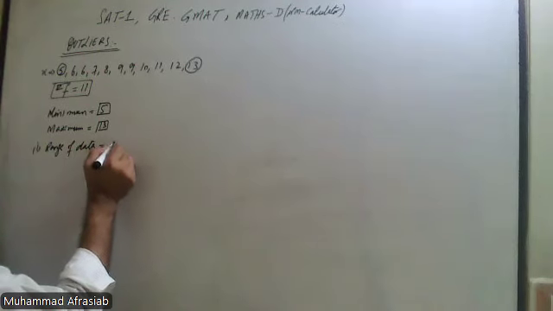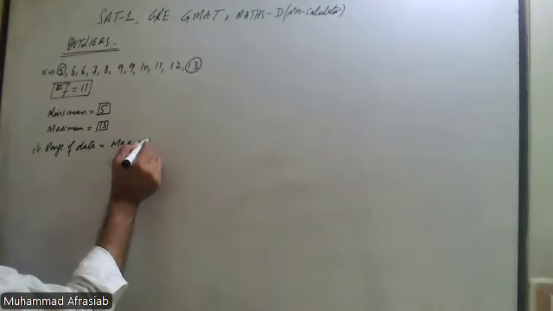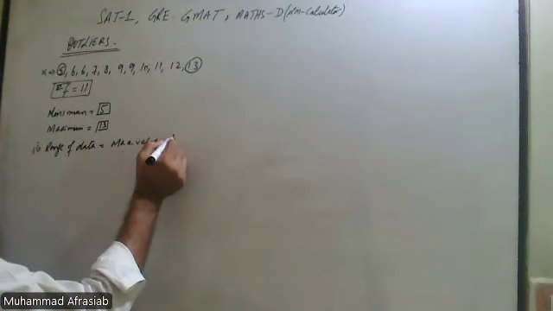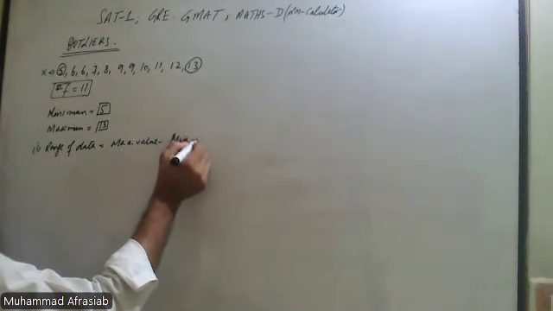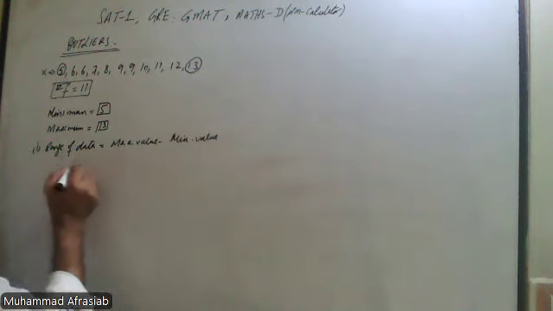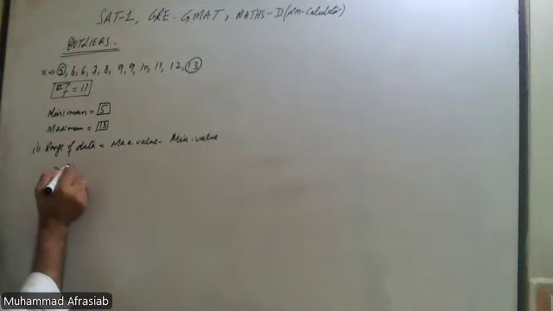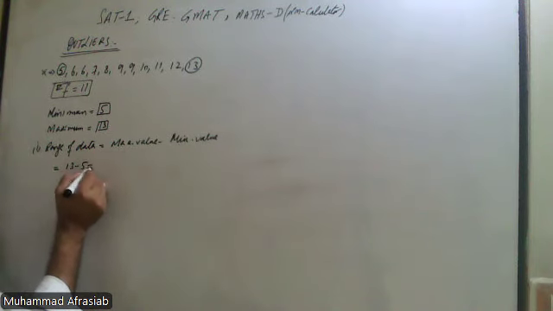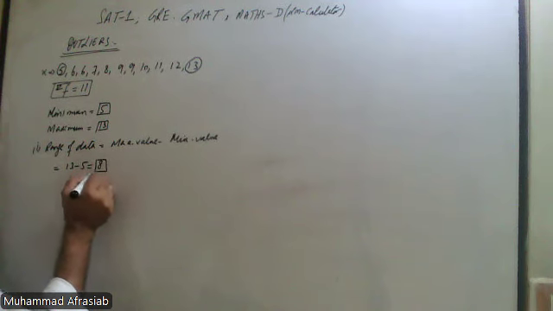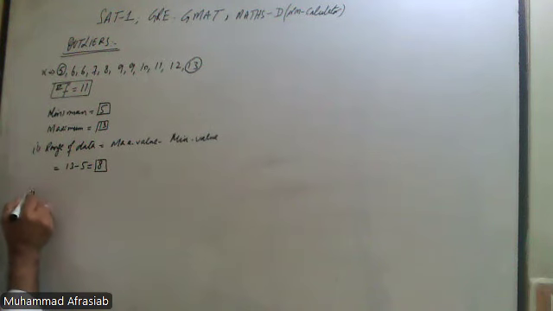That is maximum value minus minimum value, which is 30 minus 5, and that is equal to 25. Now for the second point, you are going to find the range in terms of the quartiles Q1, Q2, and Q3.